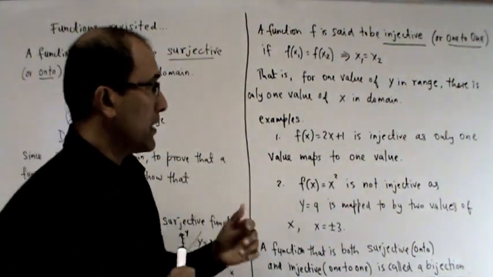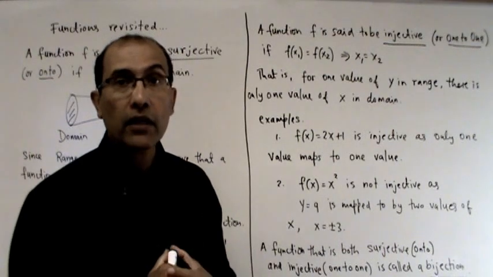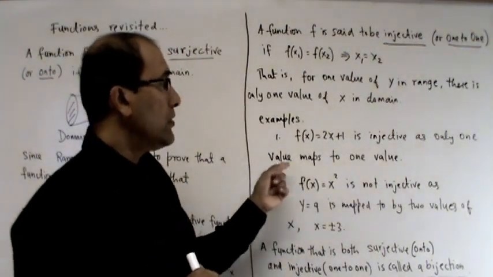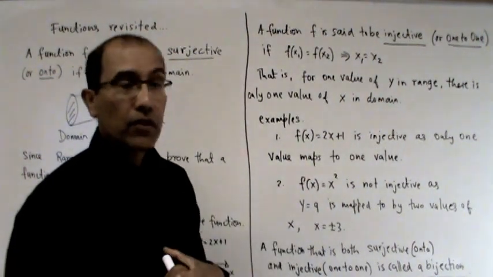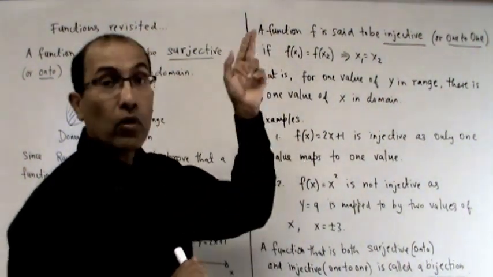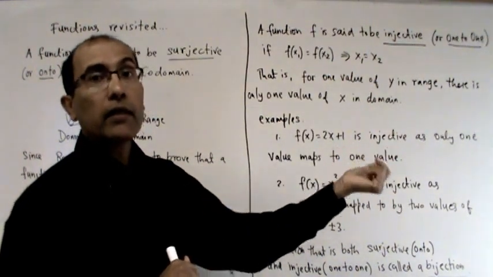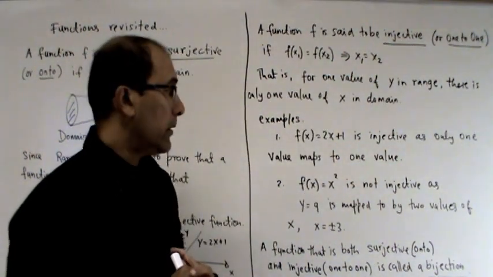Here are some examples. If you look at the linear function, 2x plus 1 is injective, as only one value maps to one value. You can take any x, there will be only one y for that x, and if you take any y, there will be only one x for that.